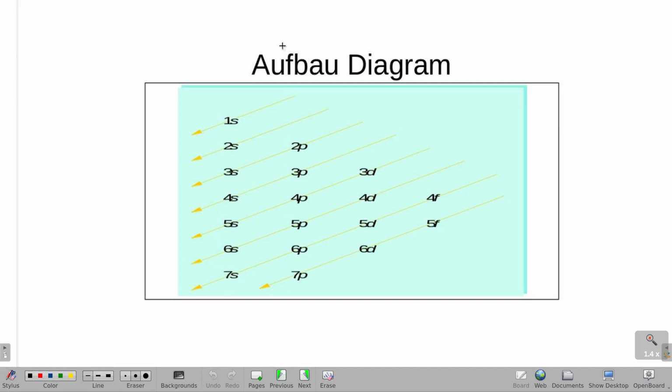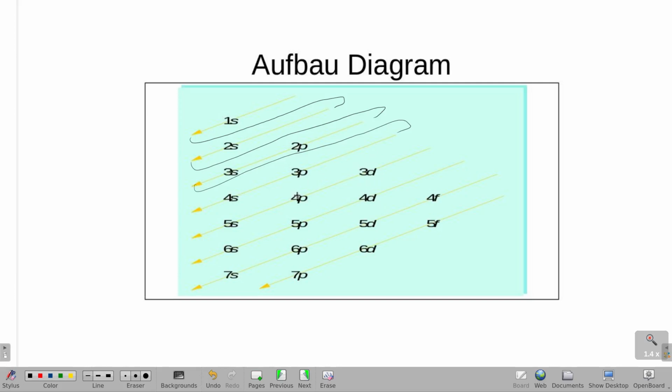Once I've made the grid, I start backtracking, and that's what these yellow arrows form. So the very first thing I fill is the 1s orbital, followed by the 2s, followed by 2p, then 3s, and then 3p, 4s. And see how after 4s we come back up here, and that's why we do the 3d after the 4s.